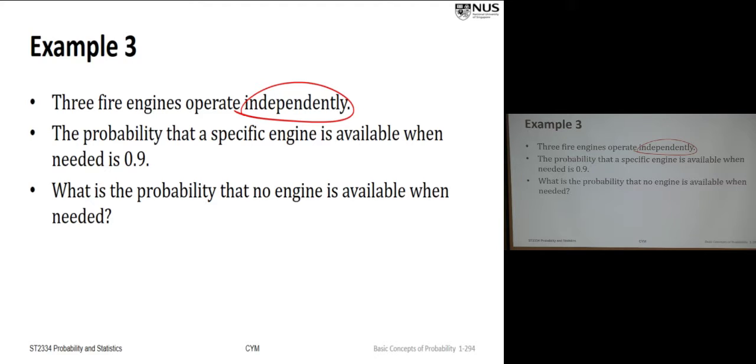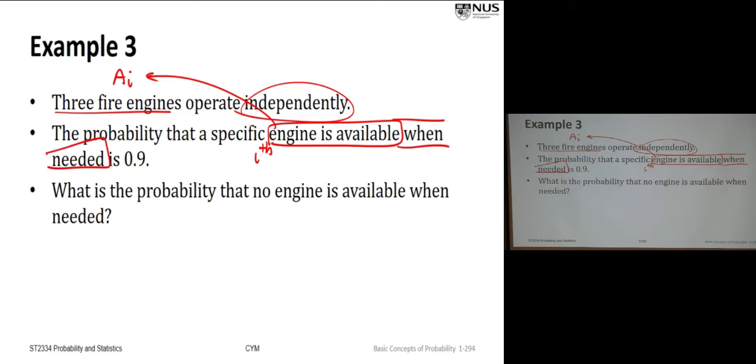In this case, we have 3 fire engines, so it is very easy to define. We can let Ai be the event that the ith fire engine is available when needed. It's the ith engine that is available when needed. I have to include this part.